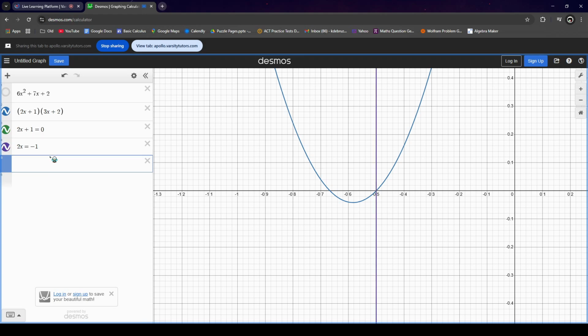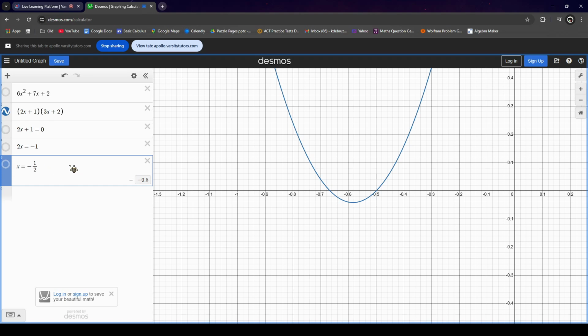And then we would divide by 2, so it would be x equals negative 1/2. You see that? So just from factoring it, we find that this intersects at negative 1/2.